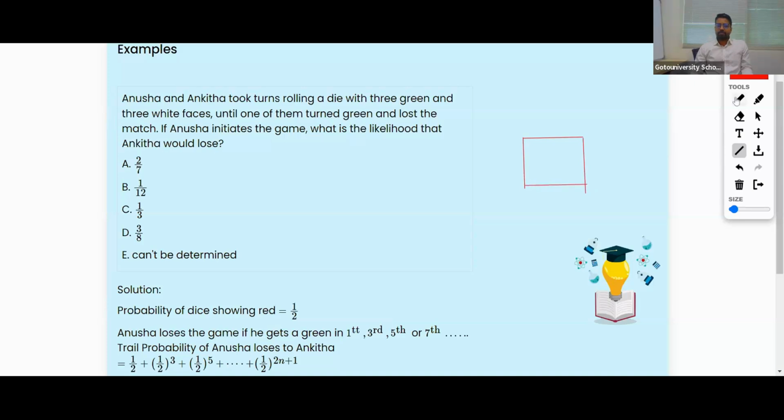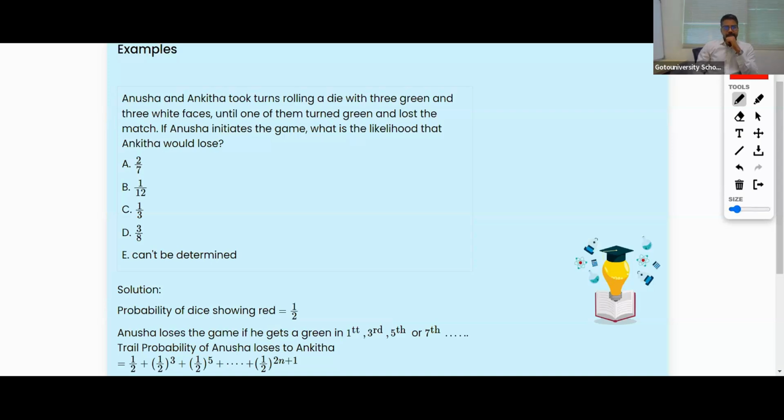Right? Yes. So 3 green faces and 3 white faces. How it is painted, let's not worry about that much until they mention that specifically. So it's three green faces and three white faces.